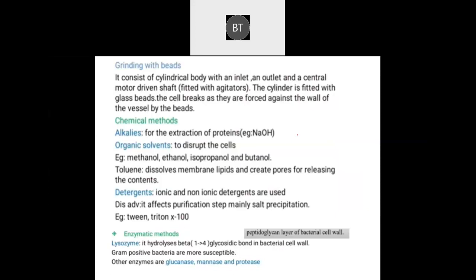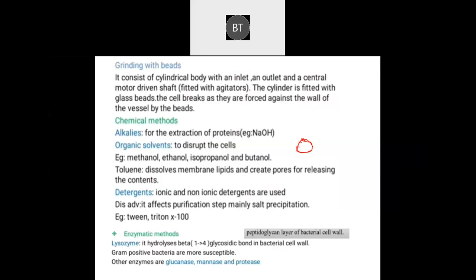If this is the microorganism, you know that there are phospholipids present beneath the cell wall. In order to break these, we can use organic solvents.